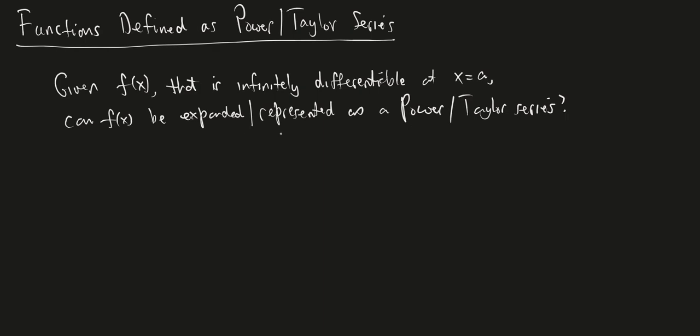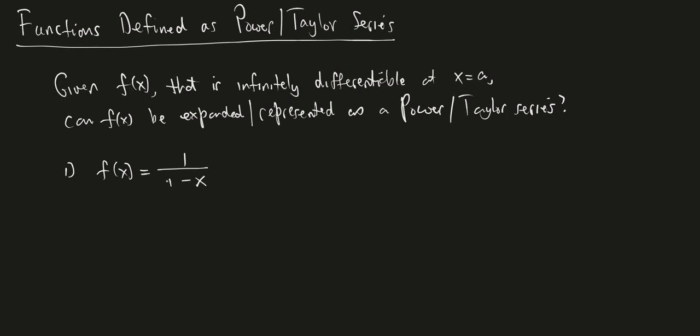All right, so we're going to answer this using a couple specific functions that we're used to. So here's our function. Let's say we have the function 1 over 1 minus x. If you remember, this was the function that I showed with those animations, where we saw a strange behavior with those Taylor polynomials.